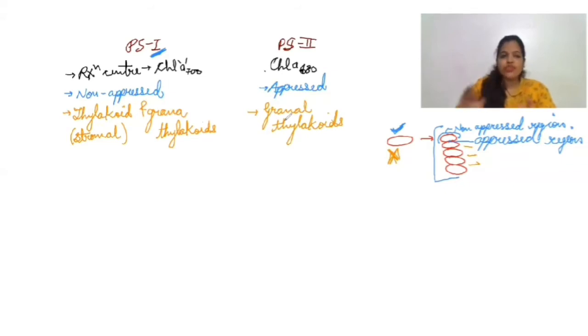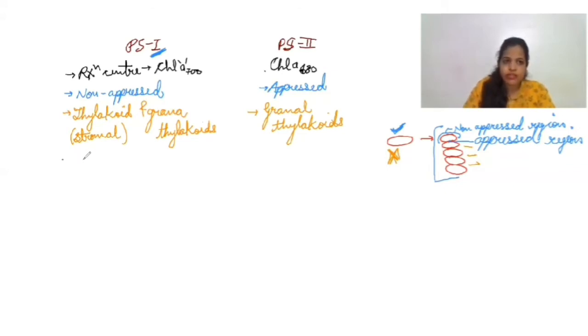Now, photosystem 1 is going to participate in both the types of light reaction, that is cyclic and non-cyclic. This you just remember here. We'll see their functions when we study the two types of photophosphorylations.